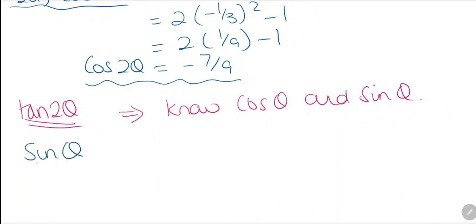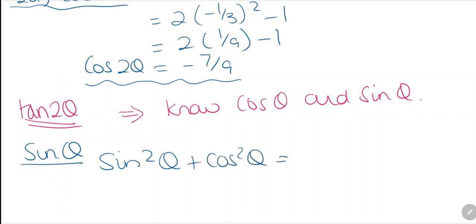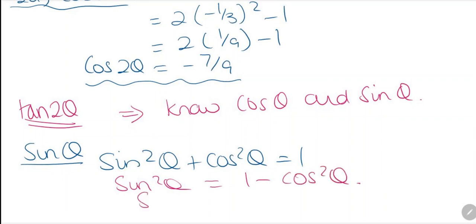To find sine theta, we're going to use our Pythagorean identity, sine squared theta plus cosine squared theta is equal to 1, and we're going to substitute in the values and rearrange. So sine squared theta is 1 minus cosine squared theta.